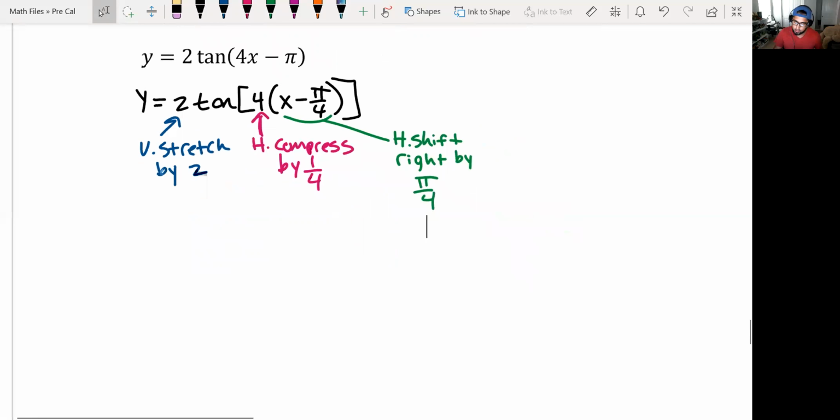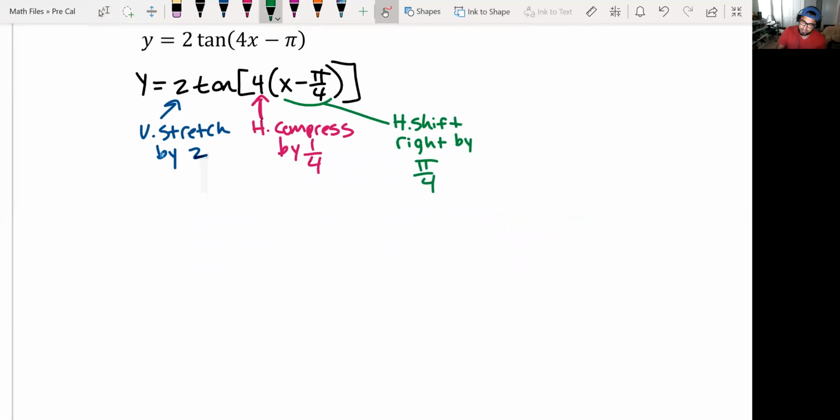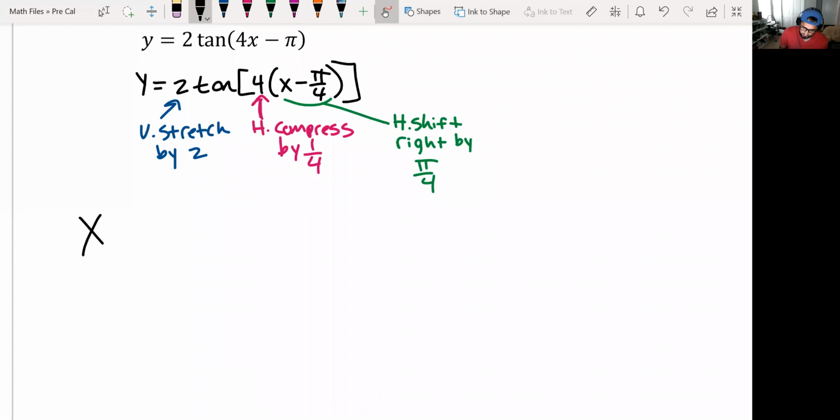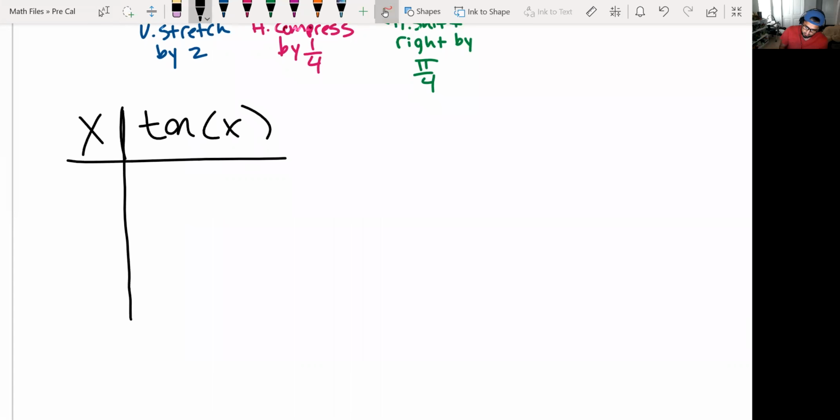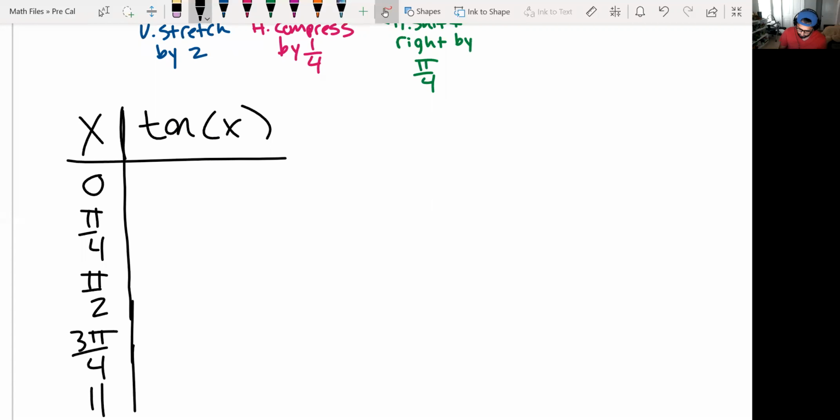So now all we need to know are the parent function coordinates for tangent. So let's just try to remember those, right? So there's x and tangent x. And we did negative pi to pi. So let's just do 0, pi over 4, pi over 2, 3 pi over 4, and pi.